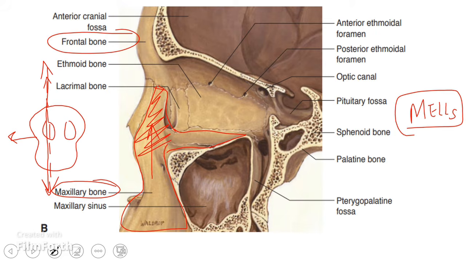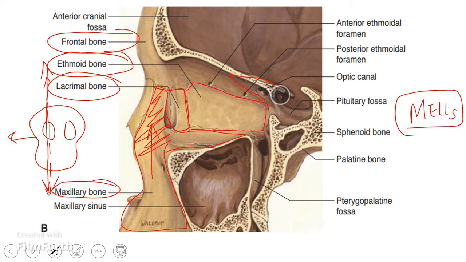Apart from that, you can see a bone just behind that, this rectangular bone, which is labeled as the lacrimal bone. It is called the lacrimal bone because it harbors the lacrimal sac. Behind that again, you can see one more rectangle-shaped bone, and that is called the ethmoidal bone. And behind that, what do we have?